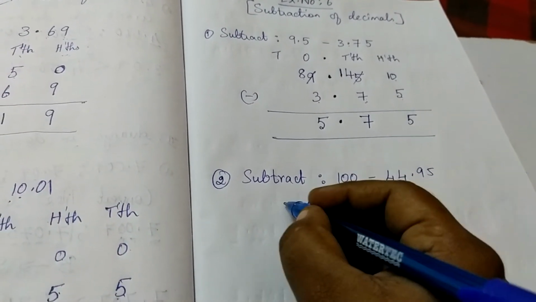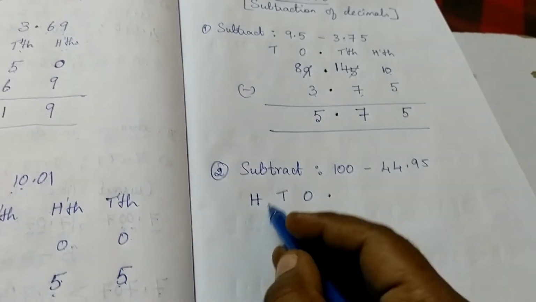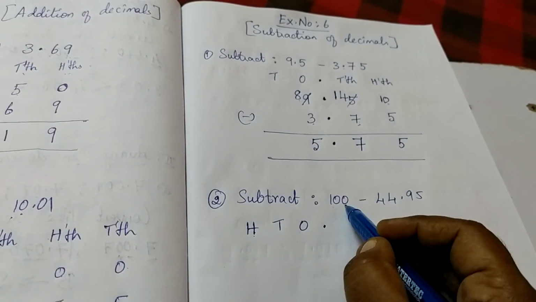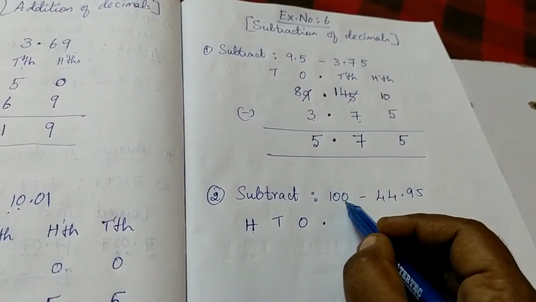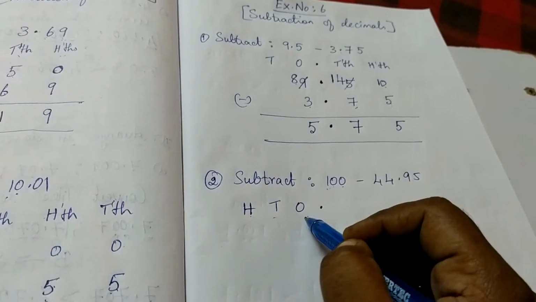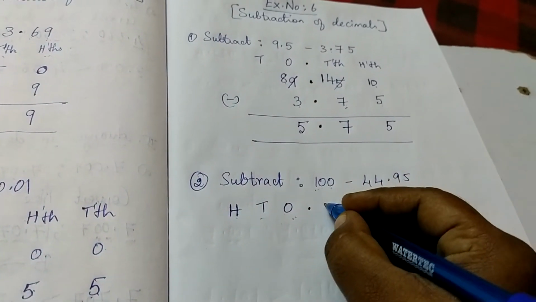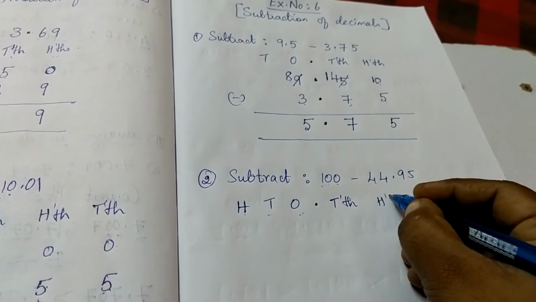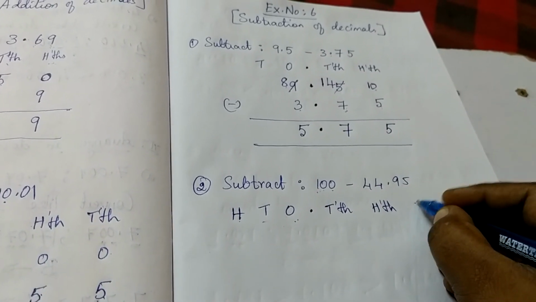One more sum. Quickly I'll write ones, tens, hundreds. Here I am writing 3 place values of the whole number because 100 is given. 100 is a whole number, that's why I have written 3 place values. Next is decimal place values, tenths, hundredths.